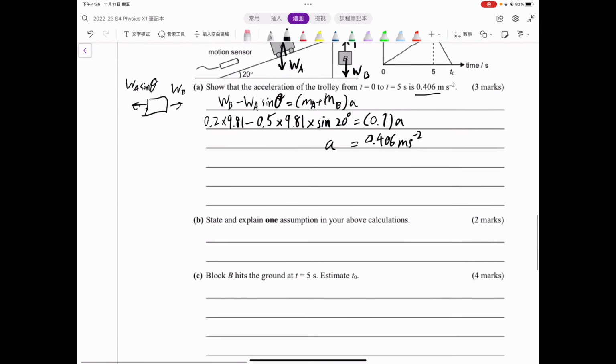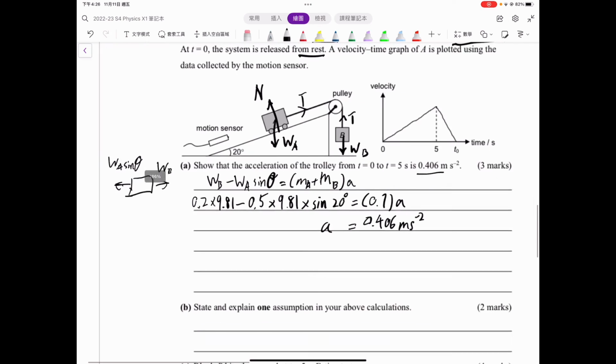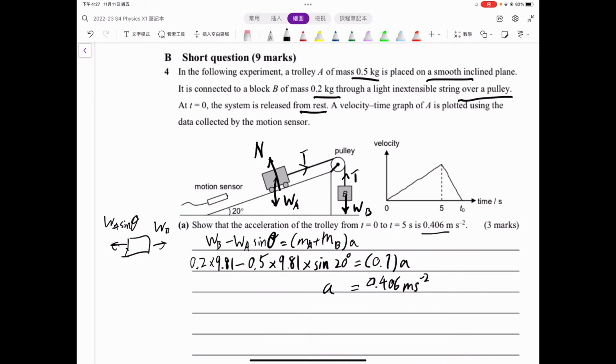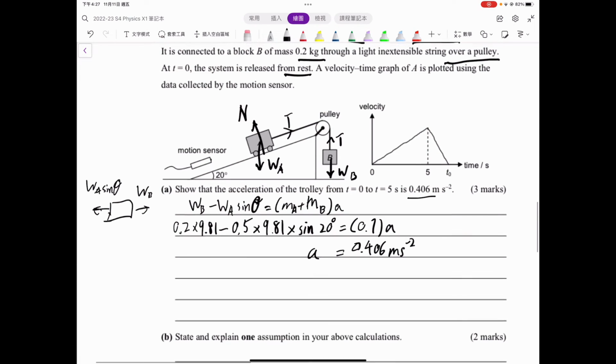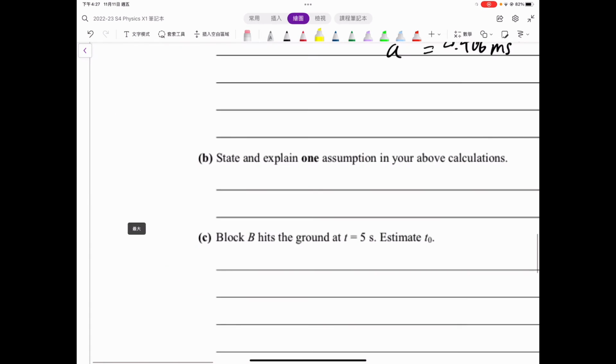Okay, state and explain one assumption in your above calculation. Some of you stated that there is no air resistance. I think it's okay, but actually the air resistance in this case is quite small to affect the motion. However, you can see that it is using a pulley. Normally, when you see the questions, it will say that it is a smooth pulley.